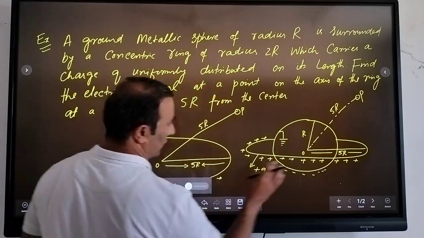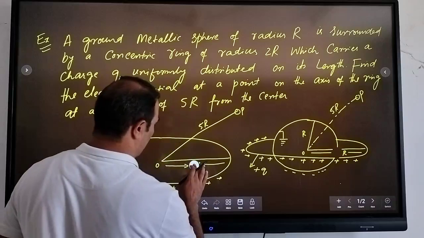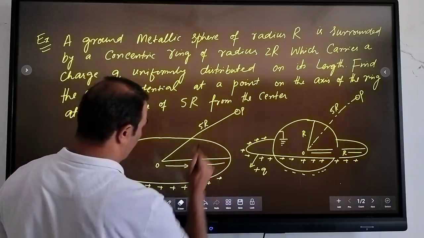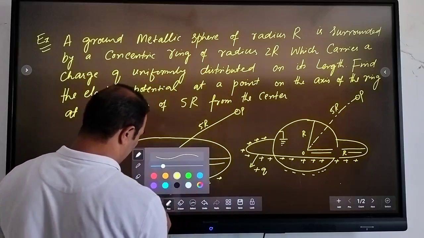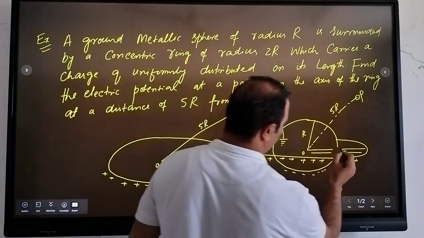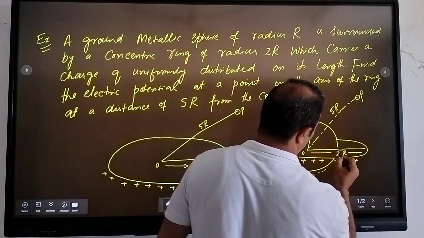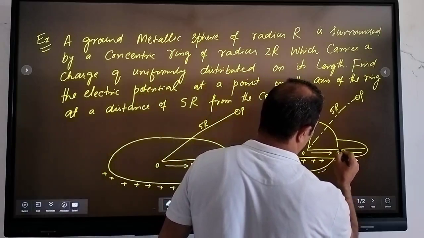Sorry, this is 2r here. So because this is 2r here, we can write here, this will be 2r.